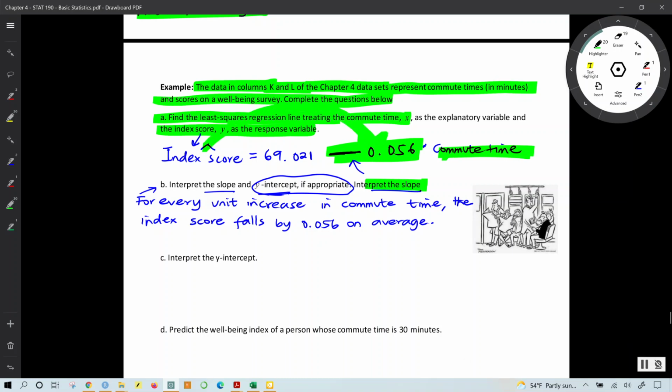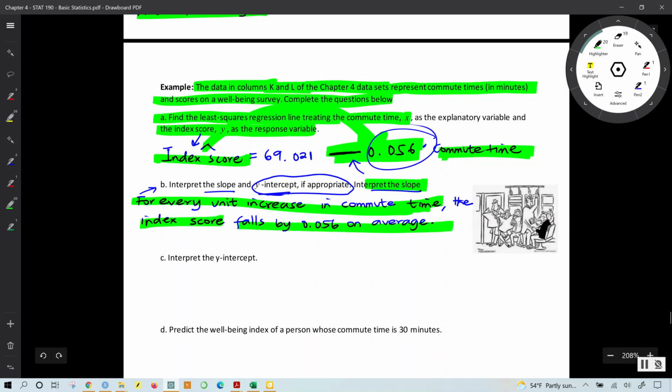It will go in the opposite direction. It will decrease on average by this much, the value of the slope, 0.056. So this can be put in a neat way by saying for every unit increase in commute time, we expect the index score to fall by 0.056 on average.